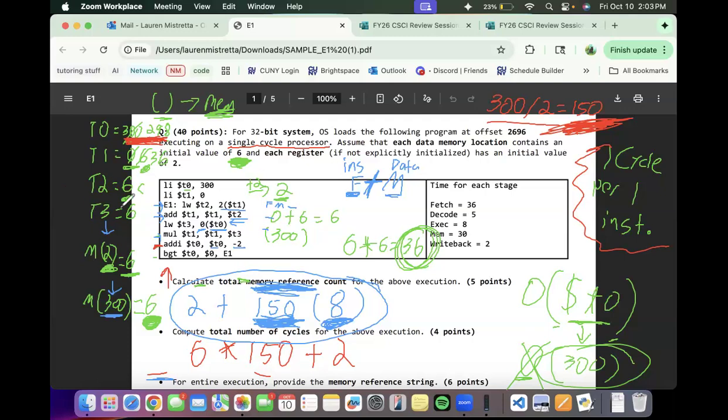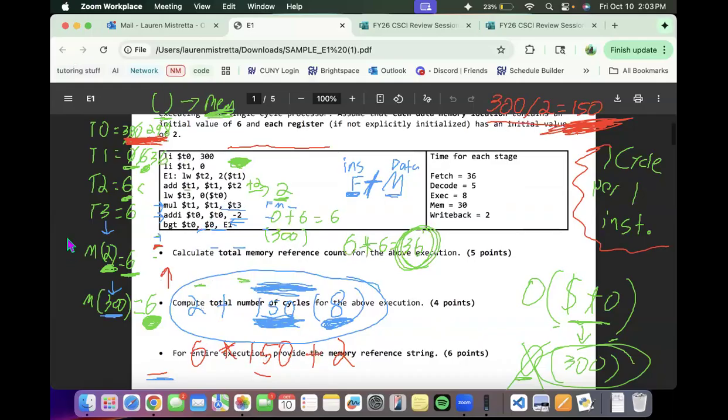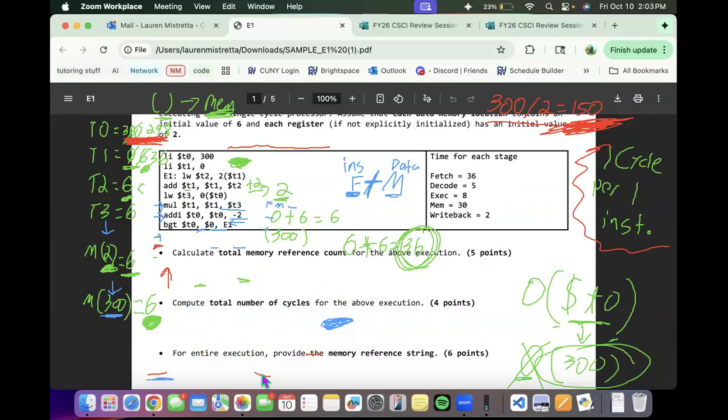So I know the first part of this, at least, is going to be literally the values of T0. So for part of this, I'm going to have 300, 298, 296, etc. And the reason I leave spaces here is because I also need to keep in mind that in between these is going to be the values of T1s, because I want to say all the times that I go into memory.